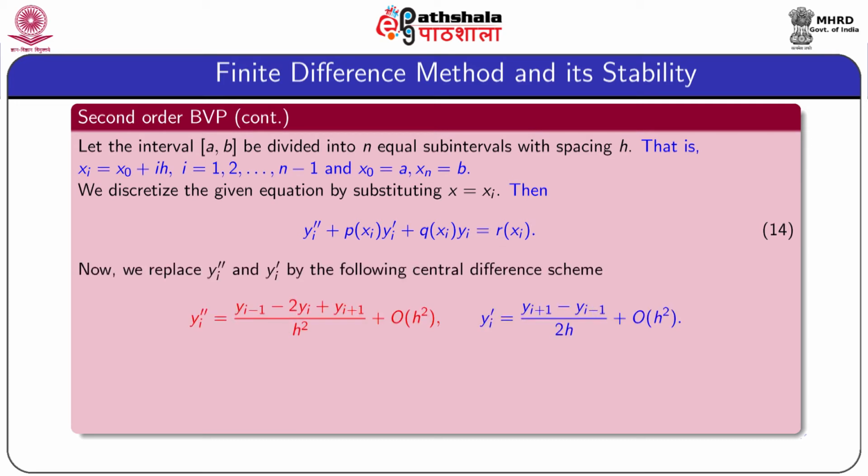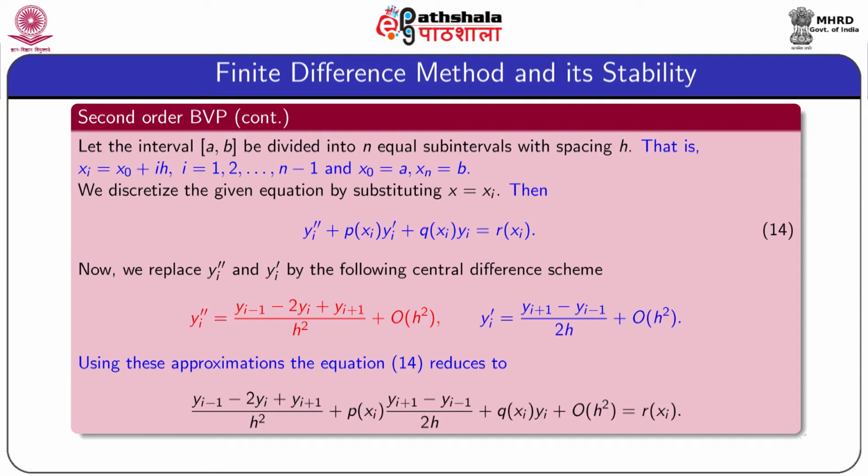Now, we replace the first and second derivative by central difference approximation. These are the central difference approximation for second and first derivative, and using this approximation the equation 14 reduces to this equation. So, this is the discretized form of the given differential equation.